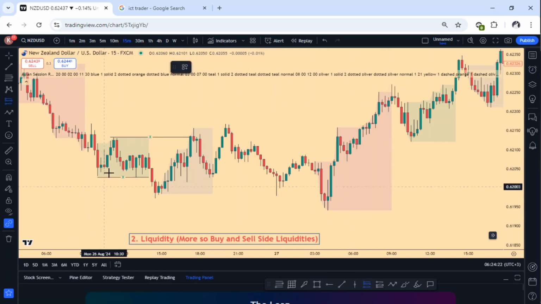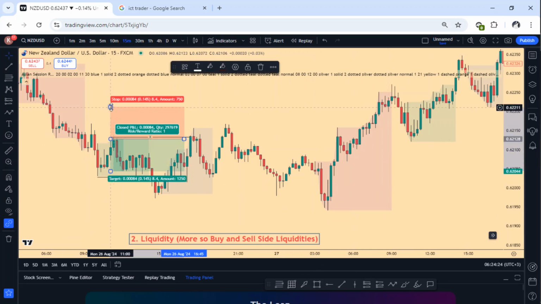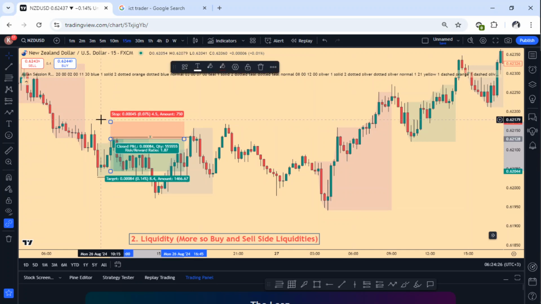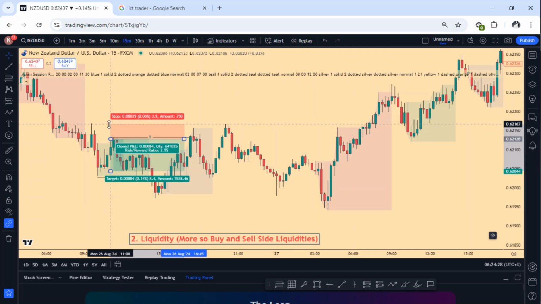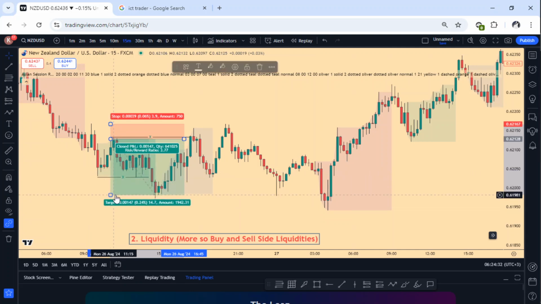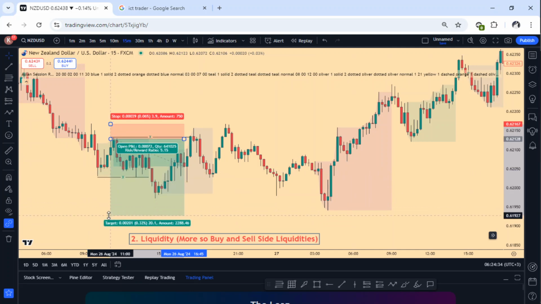Those who entered early or during London session, their stop losses are somewhere here, so they're targeting below here. Some who are greedy, who are looking for 1 to 10s, their stop losses are still there, and as you can see, immediately after their stop losses are purged, market reverses.